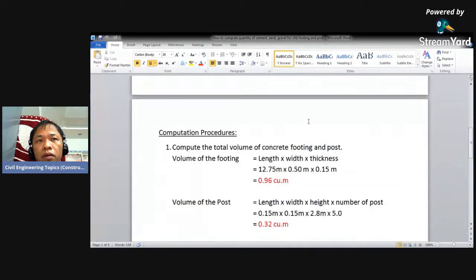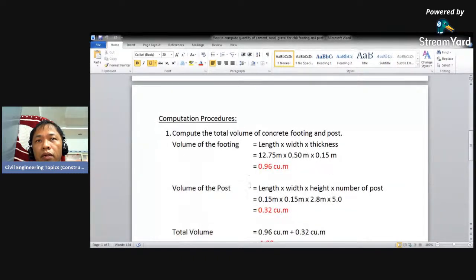So volume of the post is equal to the length times the width. This is the size of the post times the height of the post times the number of posts.